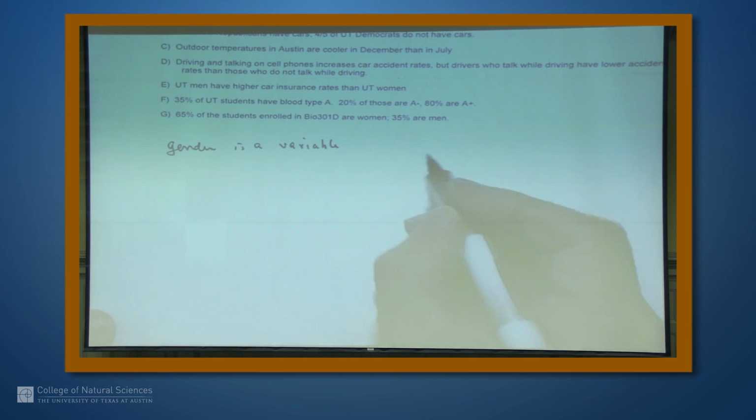You look at this and say, what else? Well, no, we're asking whether there's a second variable.